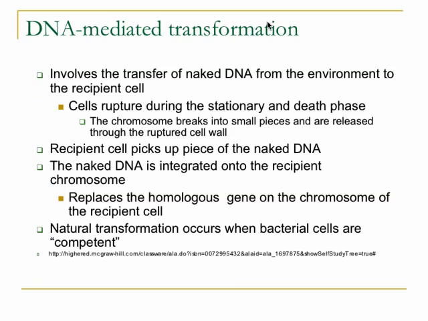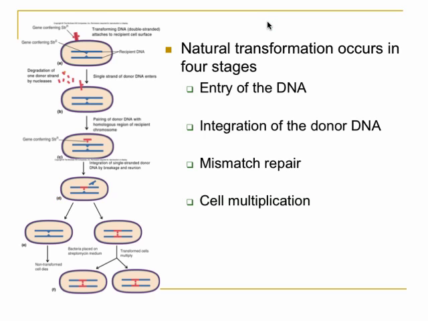Okay, so DNA-mediated transformation is the take-up of DNA from dead or dying cells, okay? And it's a single strand that's taken up. And there are basically four steps. Entry of the single strand of DNA requires those receptors.